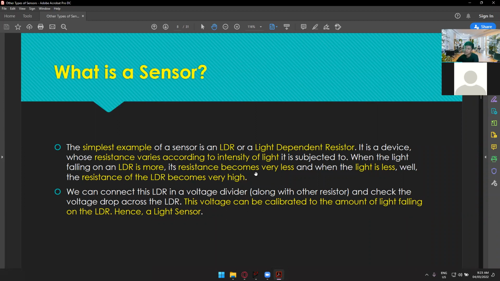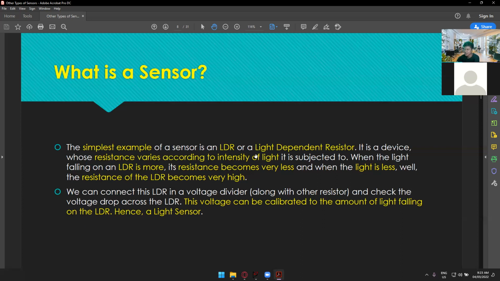It detects that no light is hitting the LDR, so it will light up its bulb, or whatever LED or bulb is connected to it. So that is one example of a sensor. There's a bunch of other examples that will help you understand what a sensor is, but that is one of the most practical examples.